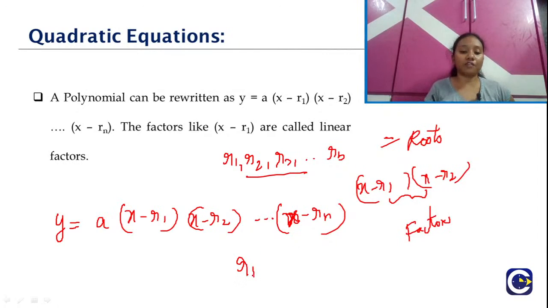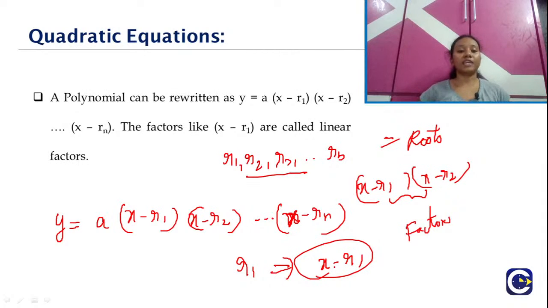If I have R1 as a root, then the corresponding factor will be x minus R1. So I can write my polynomial as the product of the factors: a, some constant, into x minus R1 into x minus R2 into x minus R3 and so on until x minus Rn. So from the roots itself, we can write the polynomial, right?